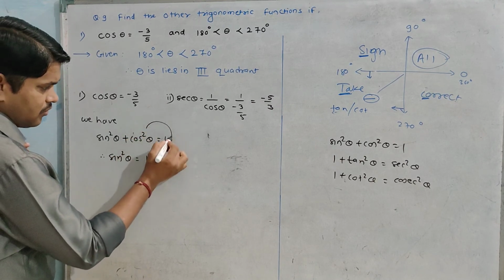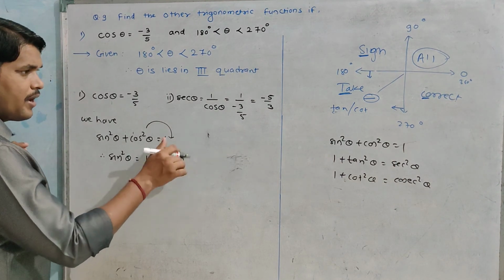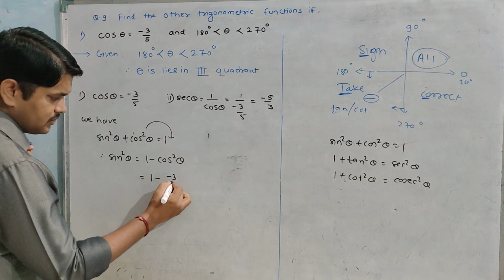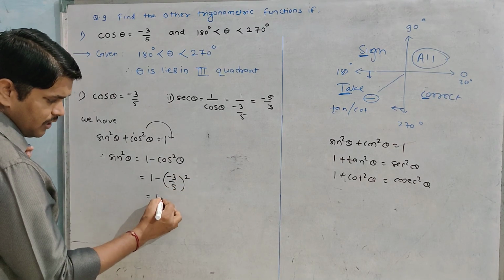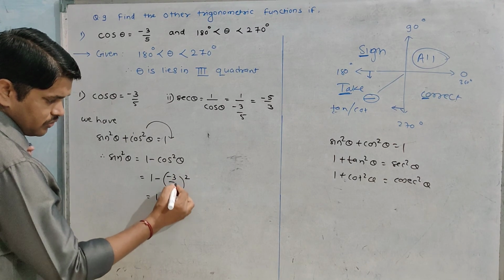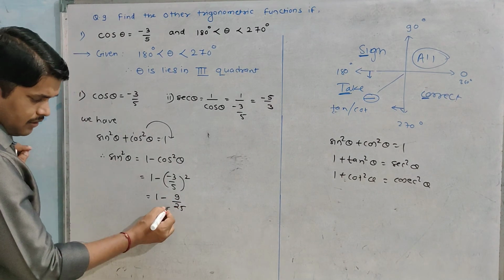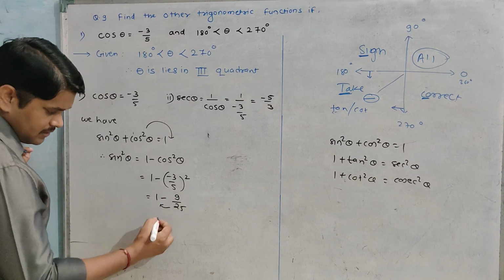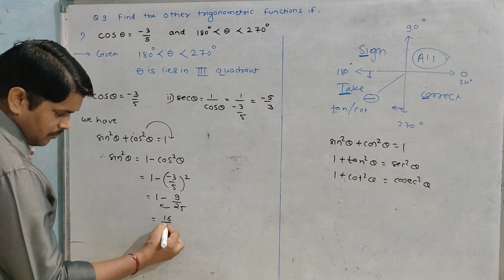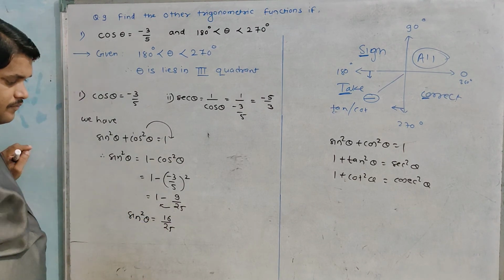Cos square ला इकडे घेऊन गेलो, बरोबर आहे. So put the value here, 1 minus cos square theta, so minus 3 upon 5 and its square. So here we get 1 minus, okay, the square of minus 3 is 9 upon 25. Take cross multiplication, so 25 minus 9, so we get 16 upon 25. This is the value of sine square theta.